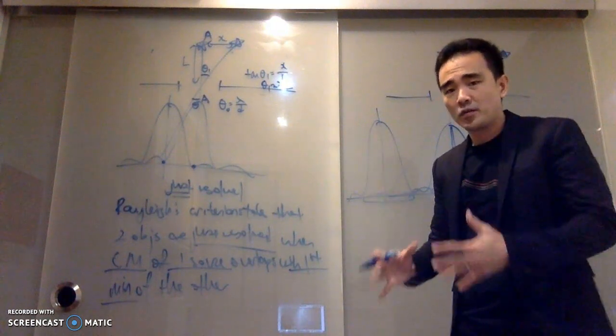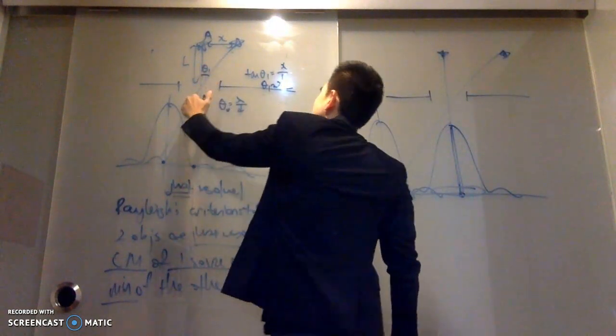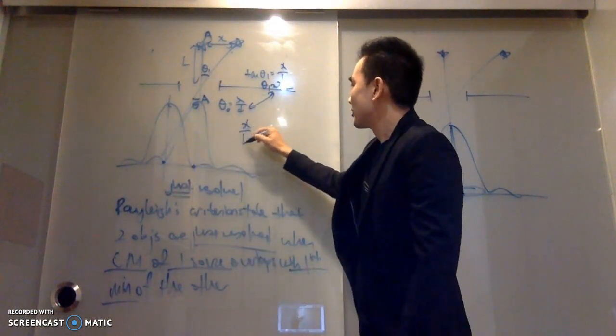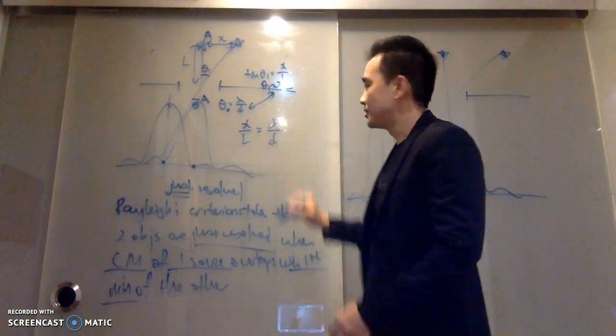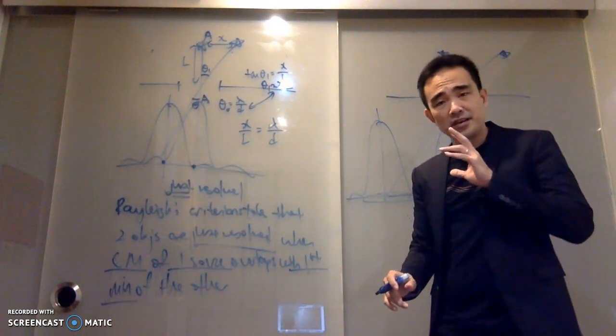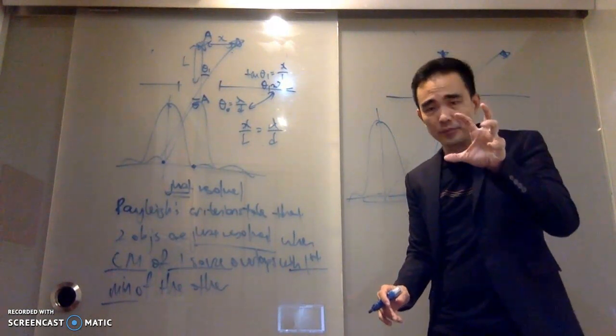And at the point where they can just be resolved, the angle subtended by this must be equal to this, and that's why we say that x upon L is equal to lambda upon d. Now this is the point where you have to note whether it is a rectangular aperture or a circular aperture.